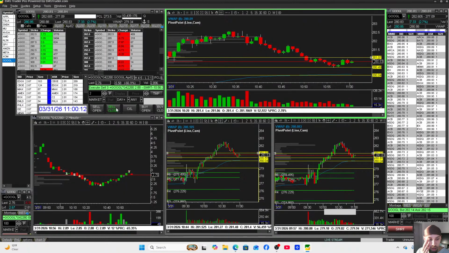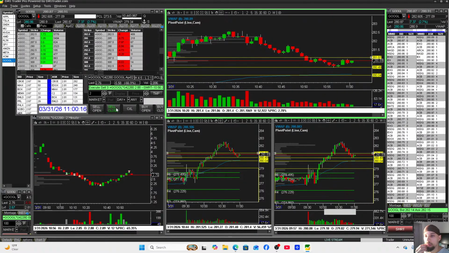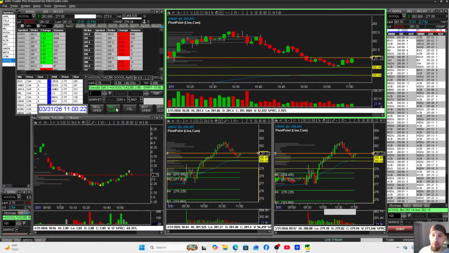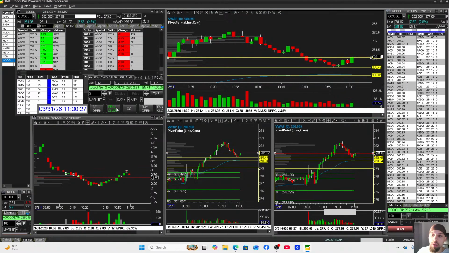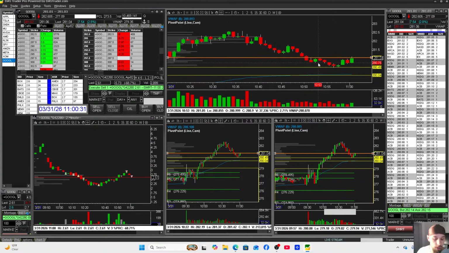It'll still be in green, so it'll still be a win. But let's see if we can lose that level. Looks like probably not. Yeah. Okay, we're all out. So that was a good trade.